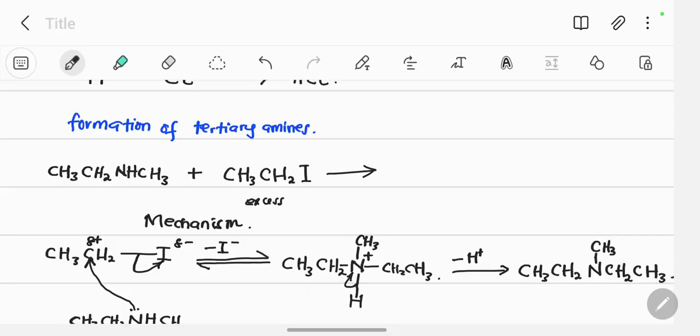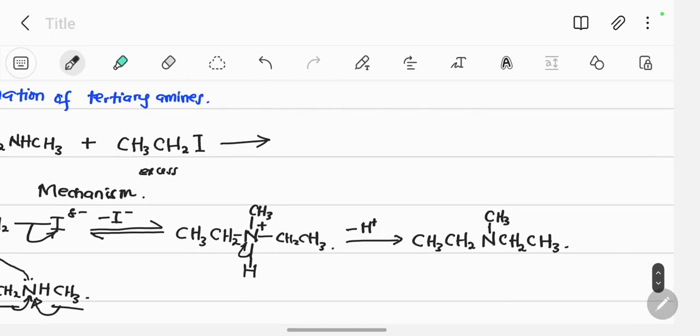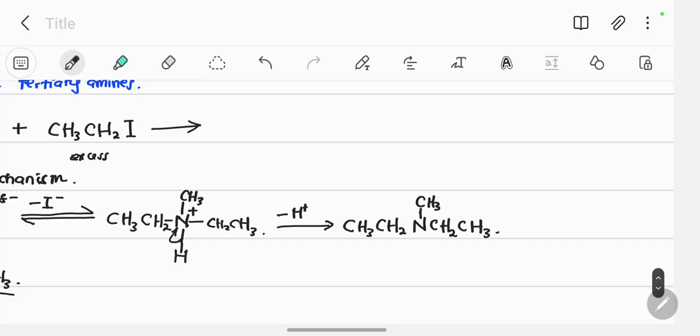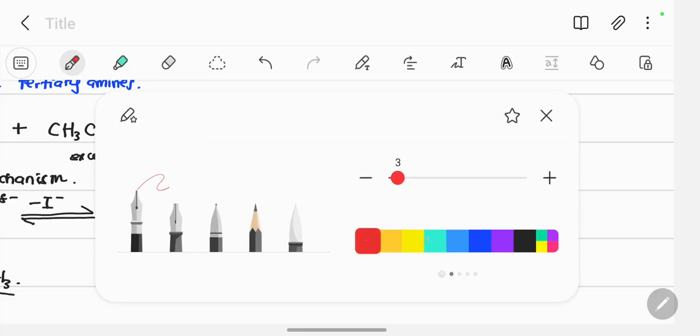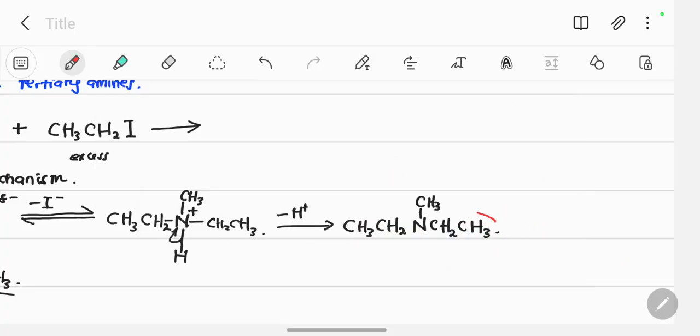So this one is now a tertiary amine. So you observe that tertiary amines are having 3 alkyl groups surrounding the nitrogen, and they have no hydrogen directly attached to the nitrogen. 3 alkyl groups.